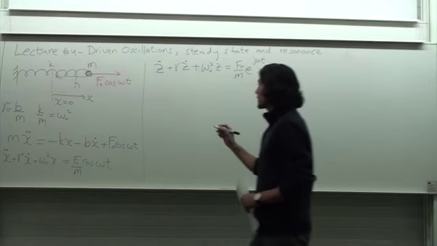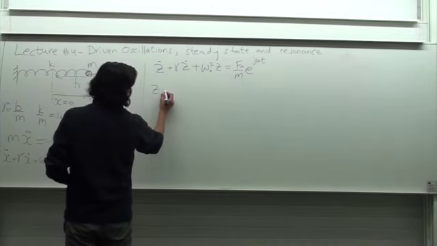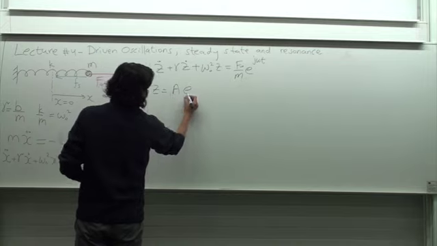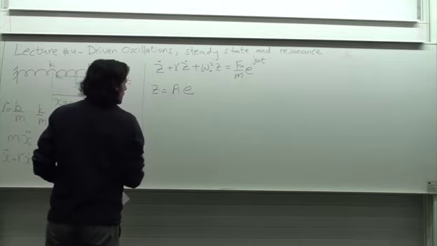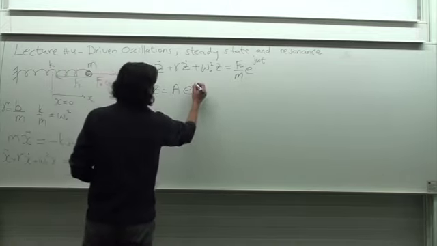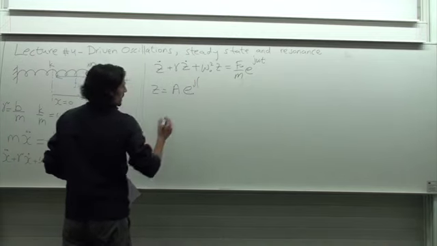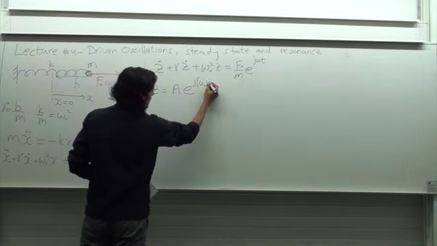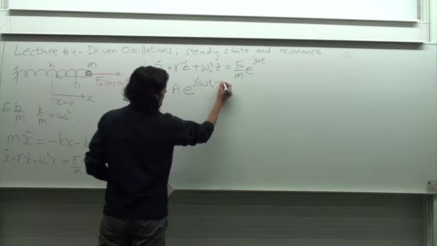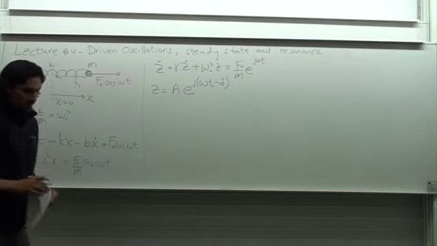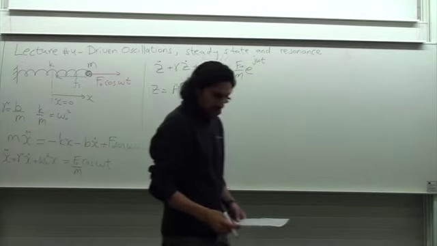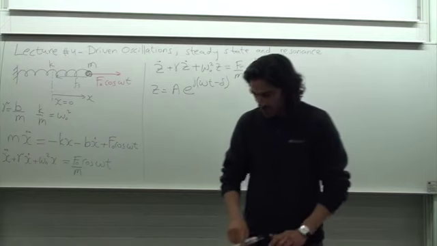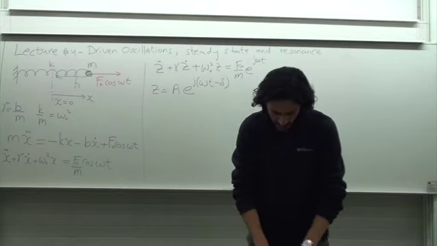We have a trial function z, some amplitude A, e to the power j, and here I'm going to write omega t minus delta. You could write plus alpha, you could write plus phi, it doesn't matter.